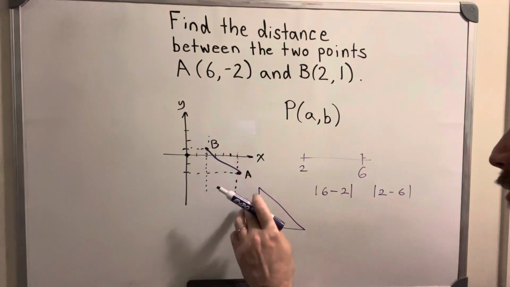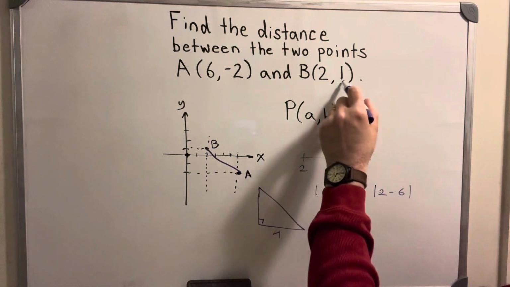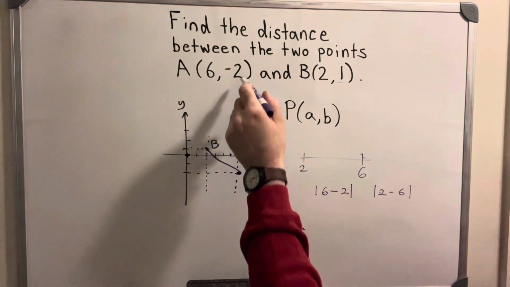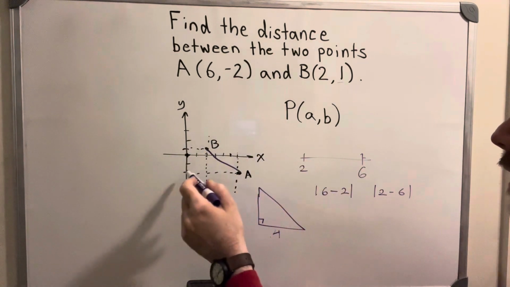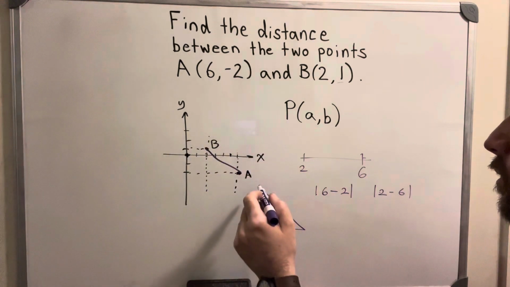And similarly, see if you can figure out, given that this point B's y position is 1 and this A coordinate's y position is -2.